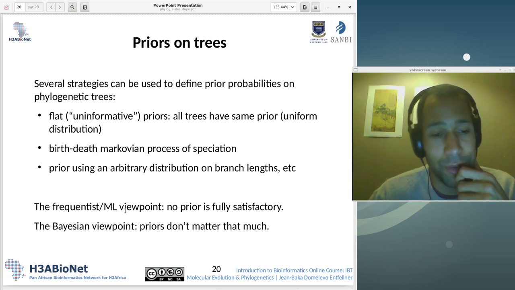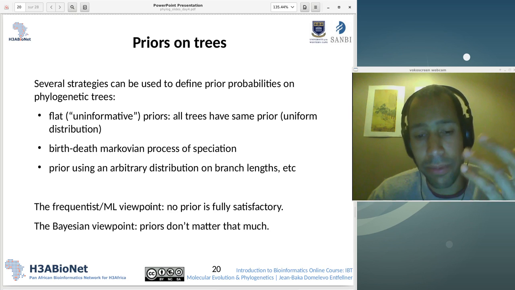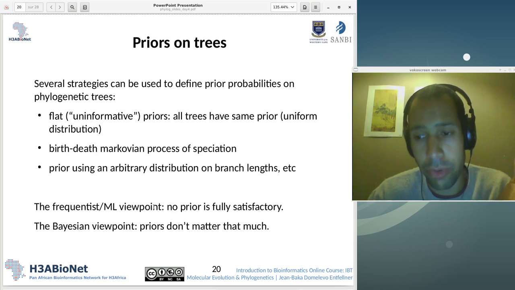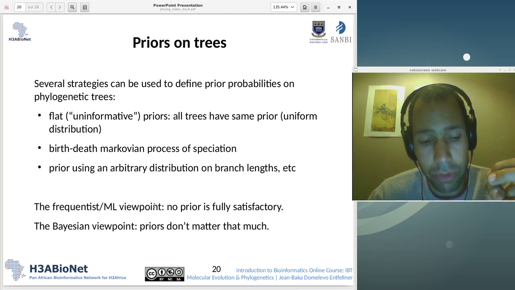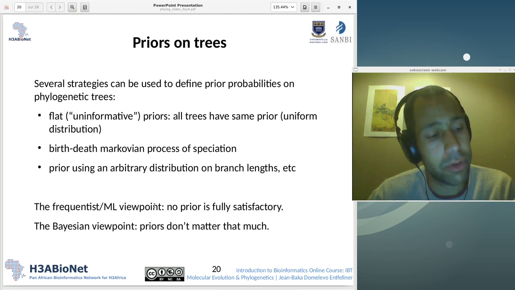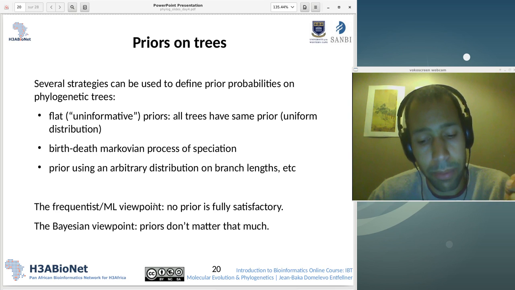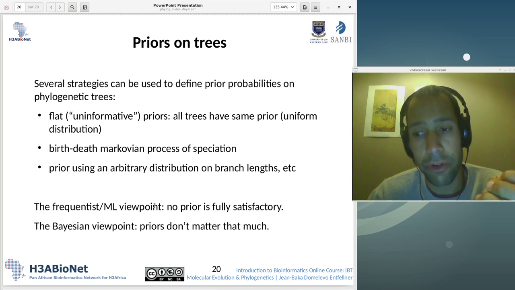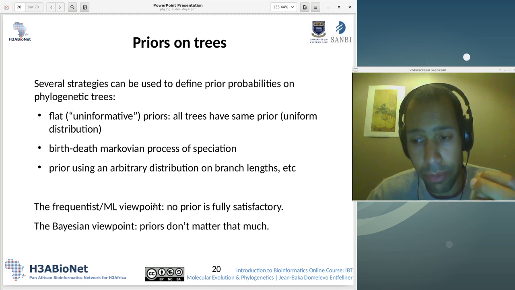On the other hand, the Bayesian viewpoint is that these priors don't matter much. You can select one type of prior or another one. Ultimately, it won't really modify the topology and the model, the whole phylogenetic tree that maximizes the posterior probability.